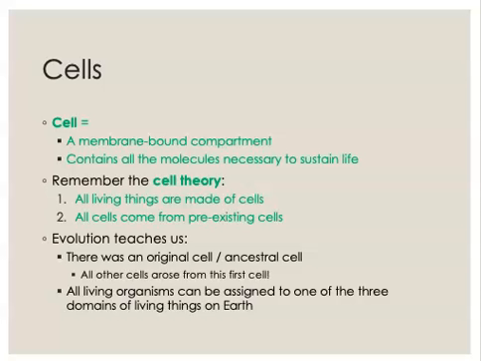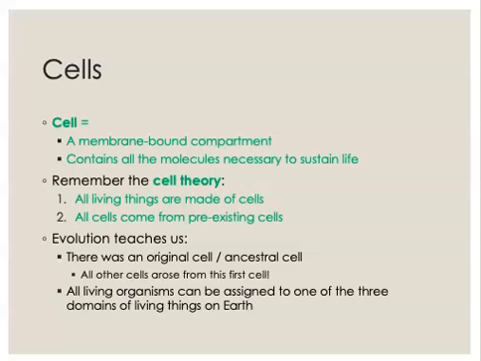We know through evolutionary biology that there had to have been an original cellular life form on planet Earth, and that all the other cells that have emerged since that time had to have come from that first cell.